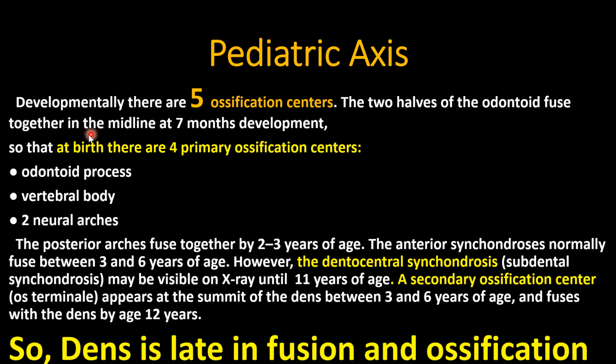The two halves of the odontoid fuse together in the midline at 7 months of development, and at birth there are 4 primary ossification centers in addition to a secondary ossification center called os terminale, which appears between 3 and 6 years of age and fuses with the dens by 12 years.